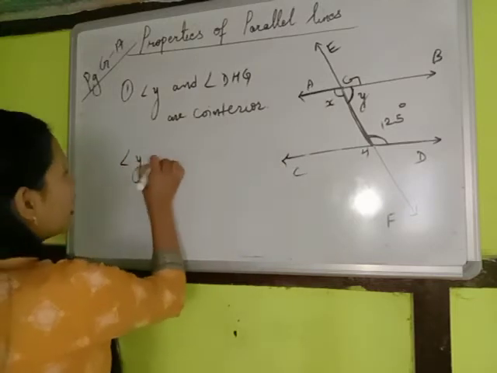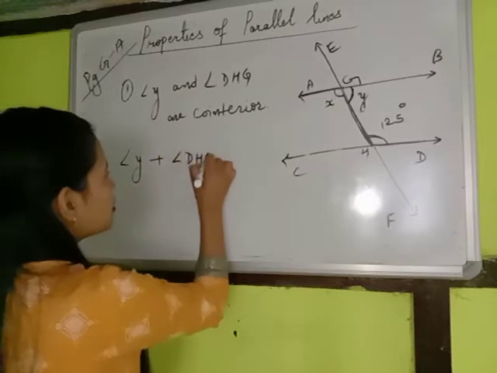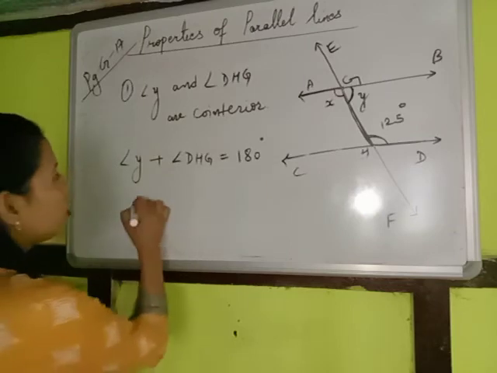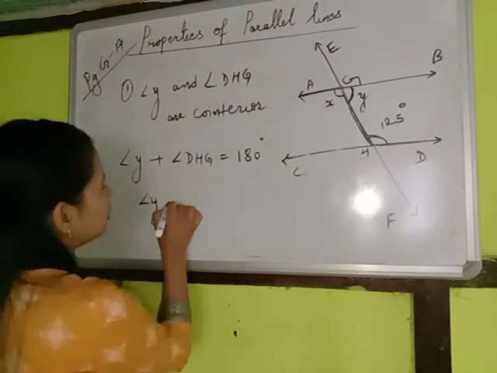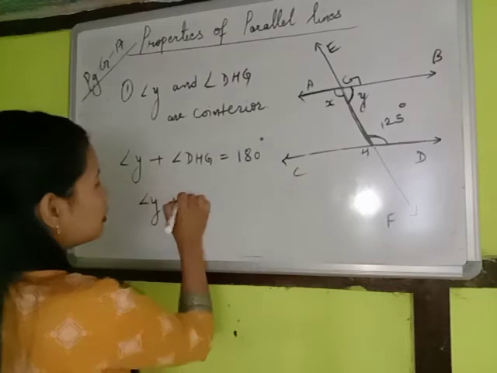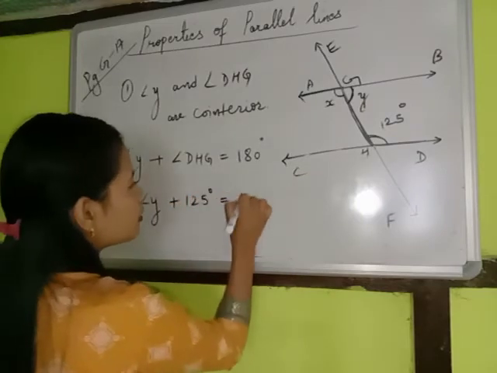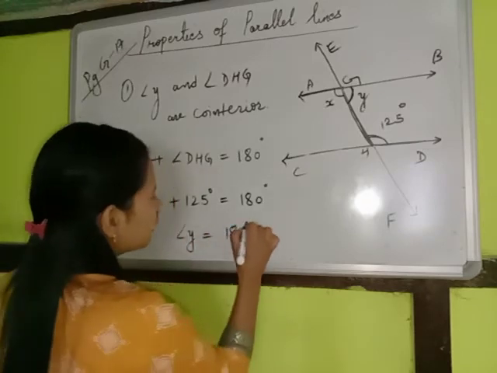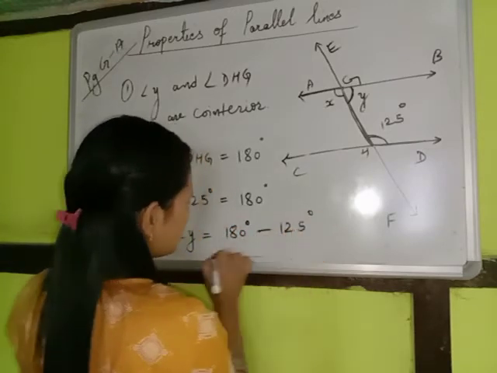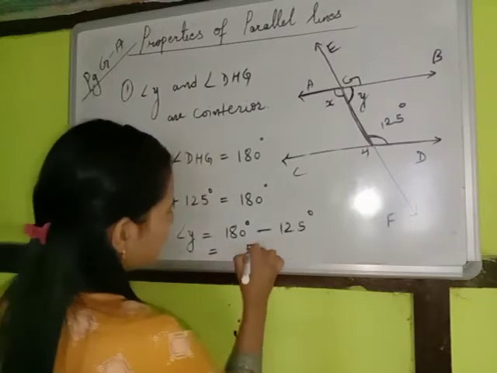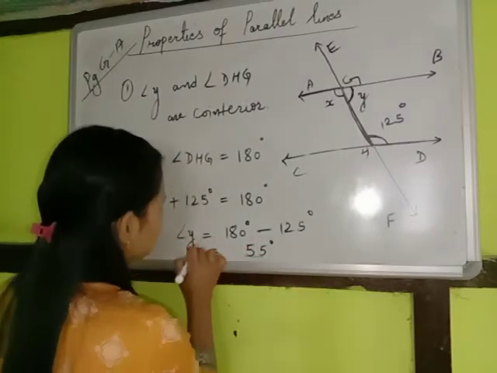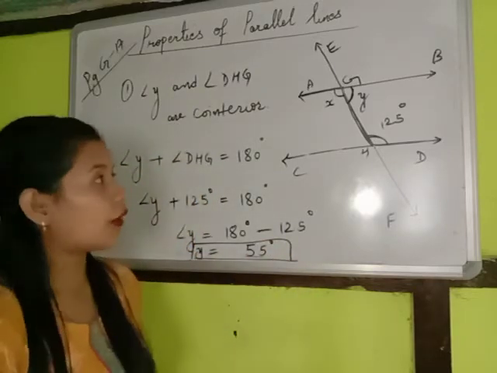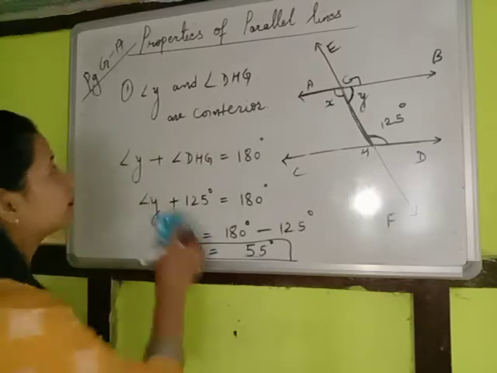So angle y plus angle DHG equals 180 degrees. Angle DHG is 125 degrees, so angle y equals 180 minus 125, which is 55 degrees. Is that clear? This is how we find the value of y.